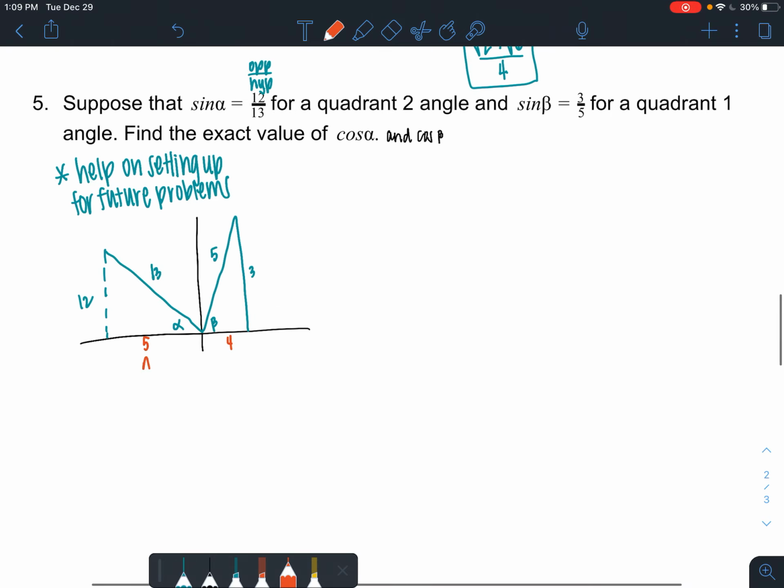And for both of these, we used special right triangles. That's how I got those so quickly. You can use the Pythagorean identity if you want to.